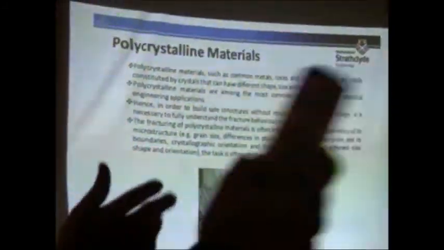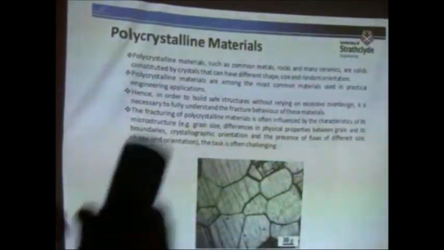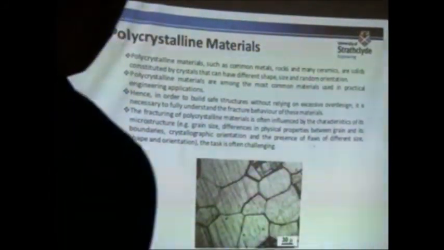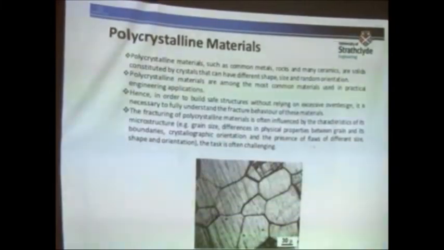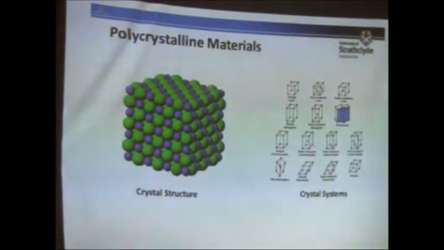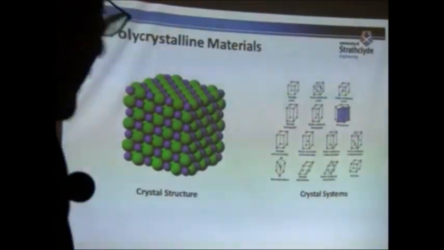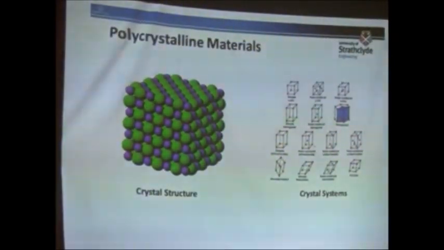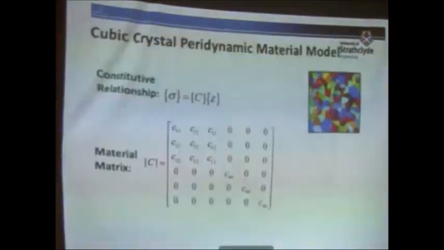Polycrystalline materials are very common. Rocks, metals, and many ceramics are made of polycrystals, so they are important to analyze. There are many different crystalline systems, and as I said, we are mainly focusing on cubic crystalline systems in this case.